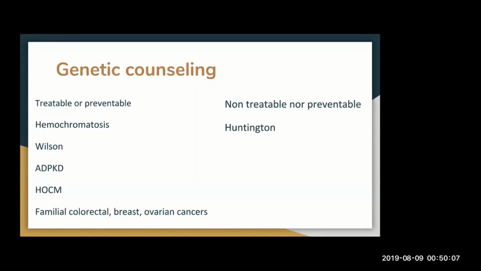Okay, so let's ask ourselves some questions. First of all, do you need to do the test or not? When and why? If the disease is preventable or treatable, you need to do the genetic test. When?